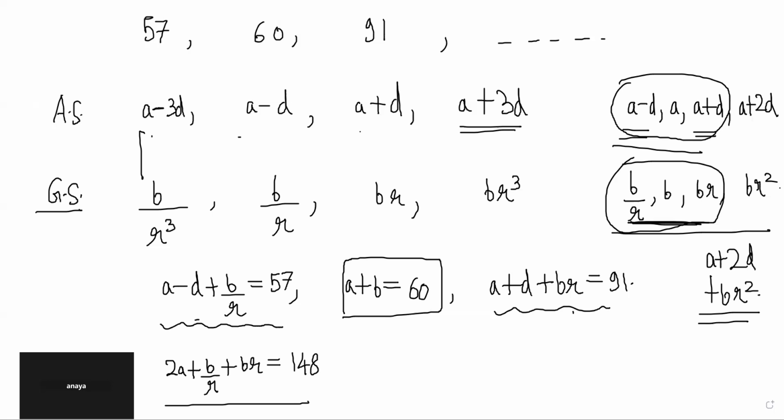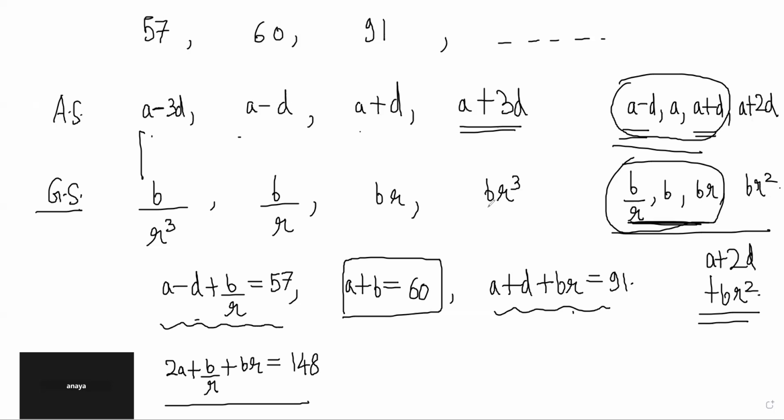We have not yet thought about the fact that everything has to be an integer. That has to be used here. They have said that the GP is a GP of integers. It cannot be a fraction.